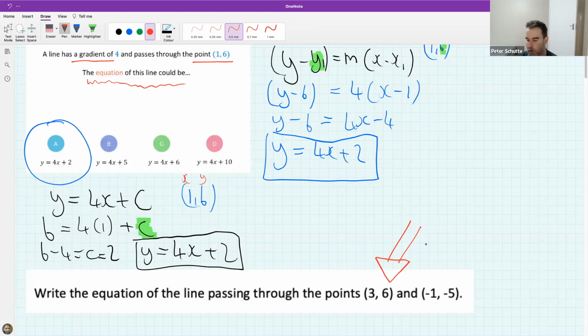And for those who are new or unsure, think about how you can mimic this process. The only thing you need to do differently is you'll need to be able to find the gradient. And so I'll give you the gradient formula, which we covered in the last lesson, to help you.